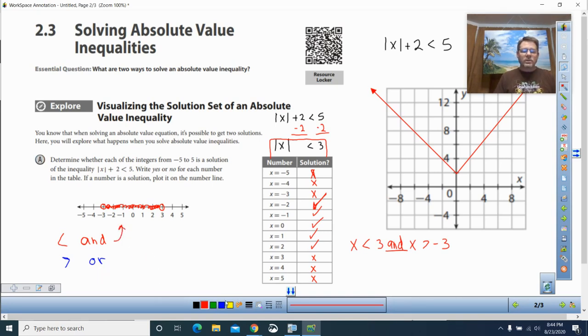What's an or going to look like? Well, an or generally is going to look like this. It has nothing to do with whether they're open dots or closed dots. There are a couple of exceptions to this where they completely overlap, but they're very, very rare.